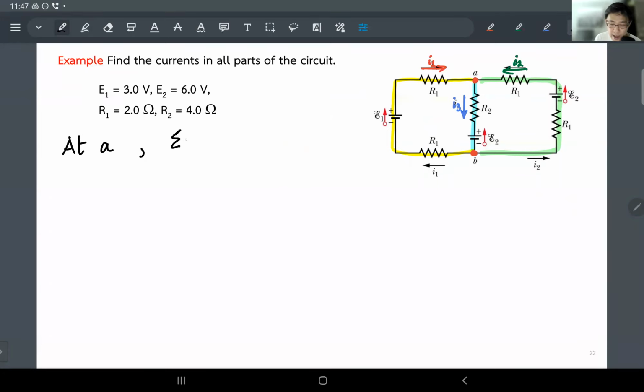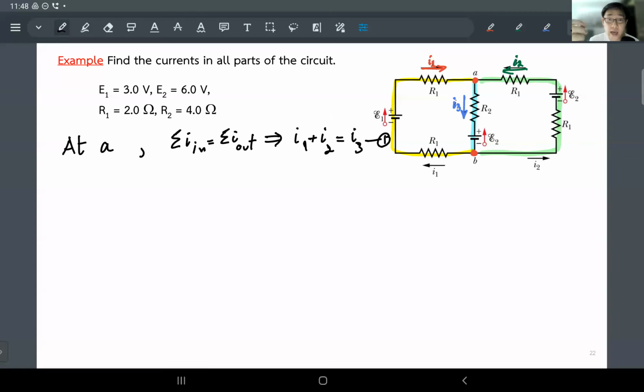Total I in must be equal to total I out. So I get I1 plus I2 equals I3. I call this equation number 1. Cool? But now you have 3 unknowns, I1, I2, and I3.